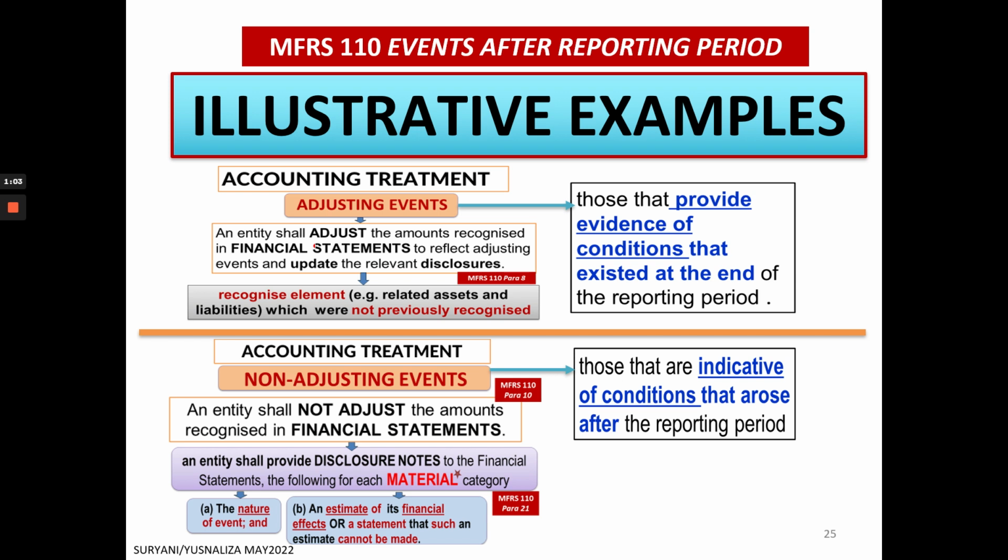For the adjusting event, we are going to show how we provide adjustment to the financial statement regarding those amounts that have been earlier recognized, and also look at the accounting treatment for non-adjusting event where no adjustment will be provided, but we're going to look at how we provide disclosure notes to the financial statement, focusing on the nature of the event and the estimates of its financial effects, or the statement that such an estimate cannot be made.